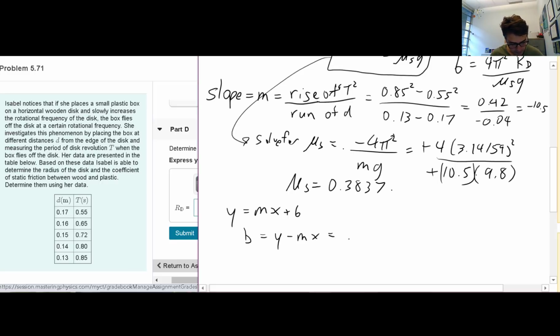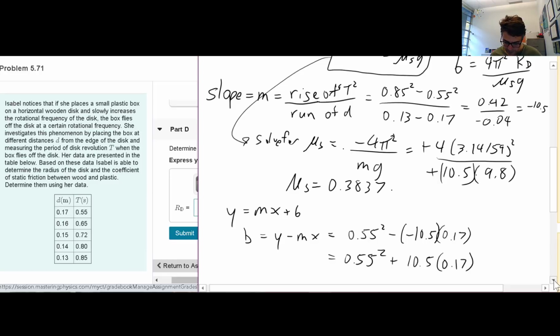So let's do t squared. So y is t squared, right? So 0.55 squared minus your m, which is negative 10.5, we found that from before, times your x, which was d, which is 0.17. So it's going to be 0.55 squared plus 10.5 times 0.17.